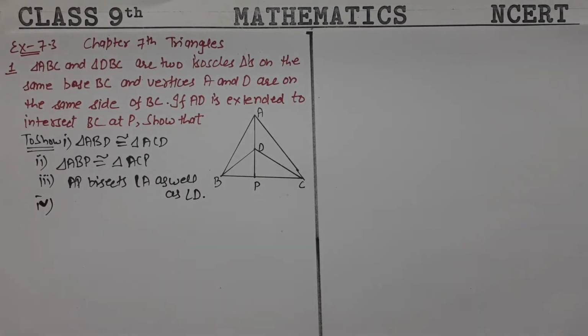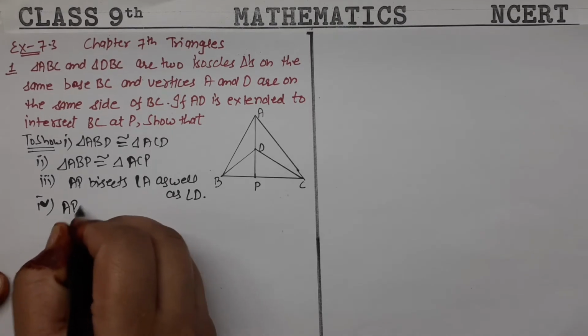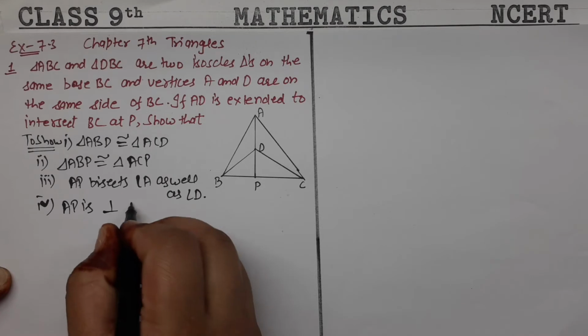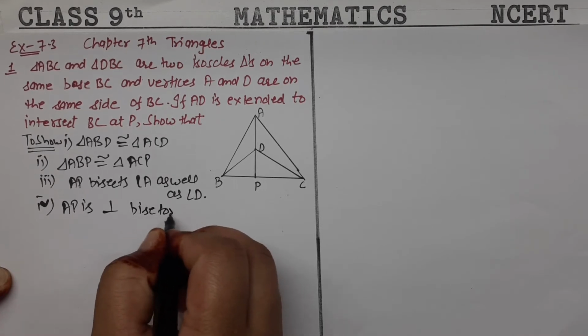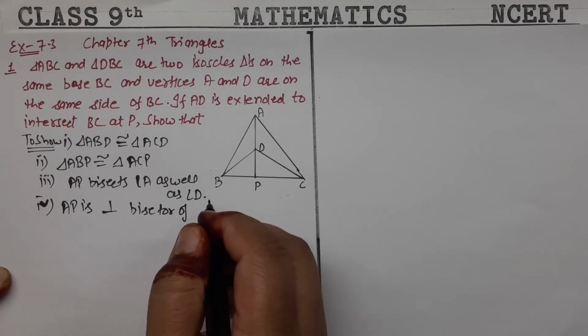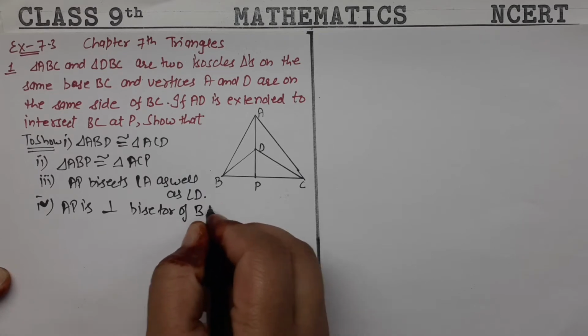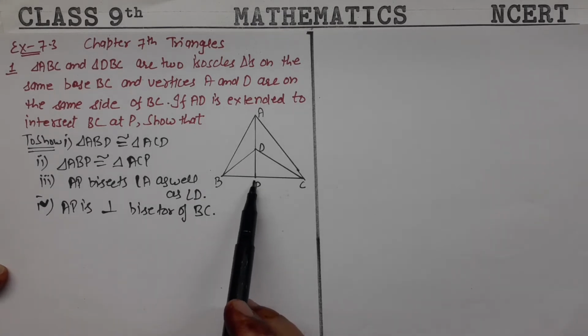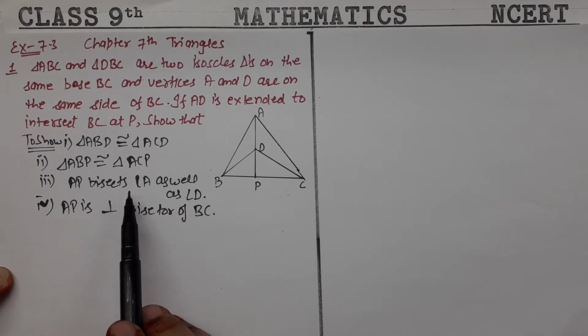And the last part, fourth, AP is perpendicular bisector of BC. Figure on the right side of the page is given.